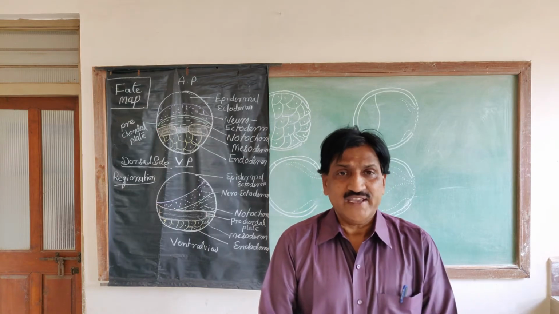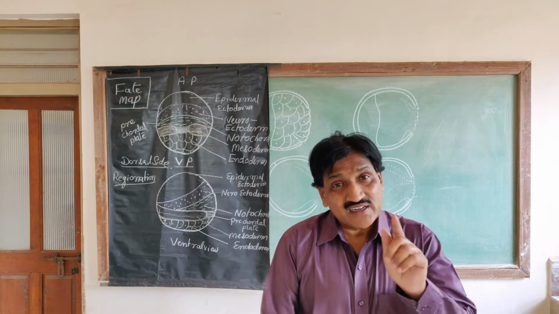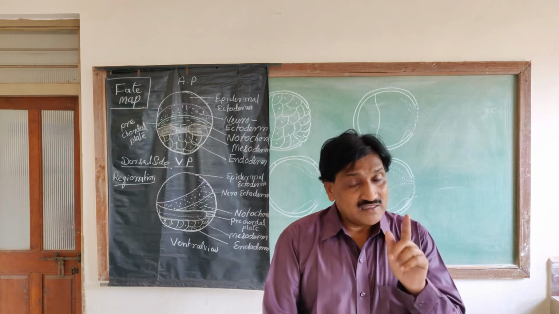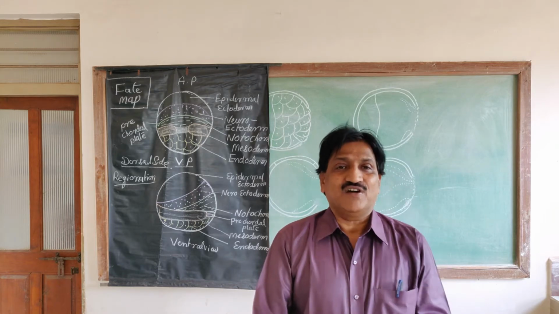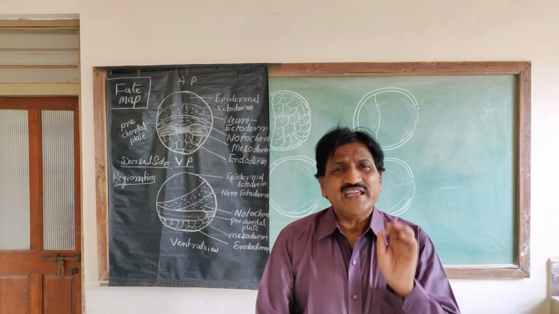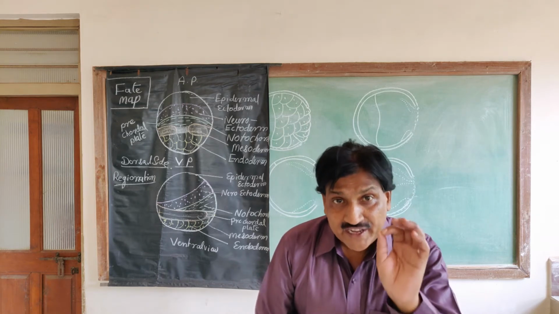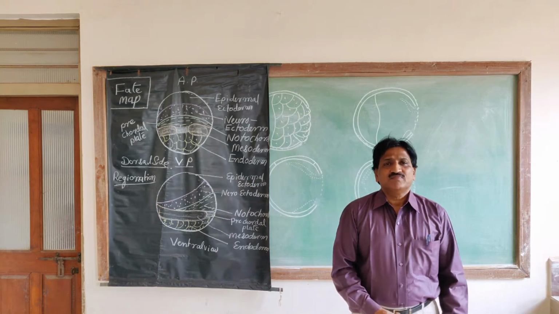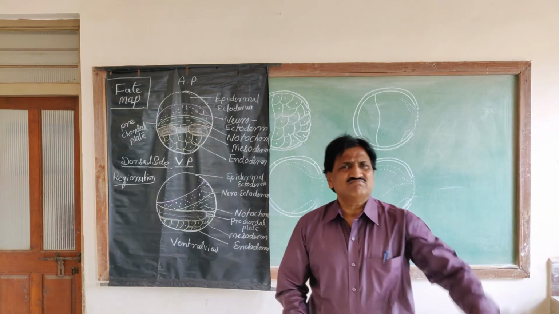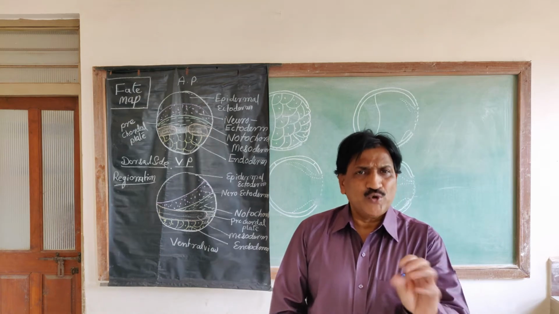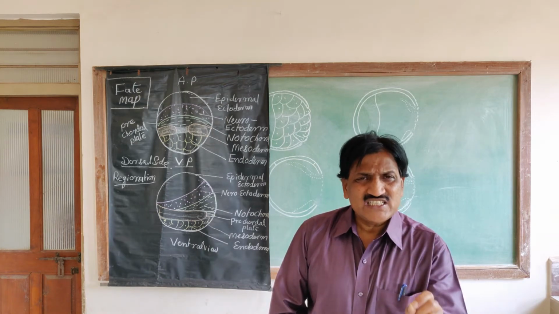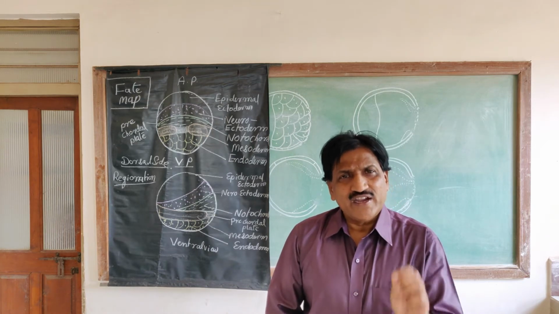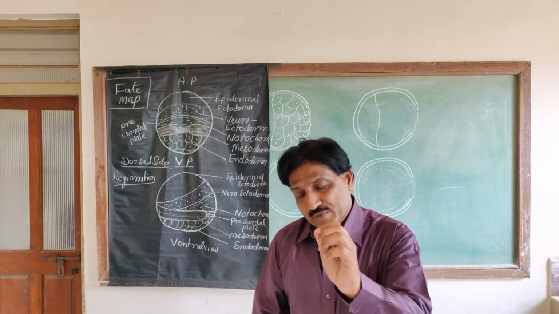That means the final result, the end result of different areas of an embryo. That is our statement. We can say chart or blueprint, but it's showing the final result of different areas of an embryo.